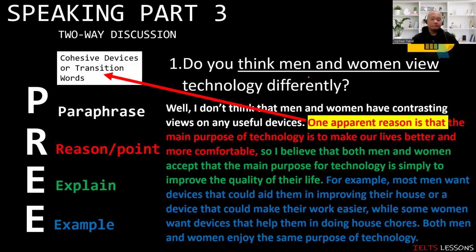The type of question here is asking for reasons, which is why the main transition used here is to give reasons. So we have "one apparent reason is that," etc.